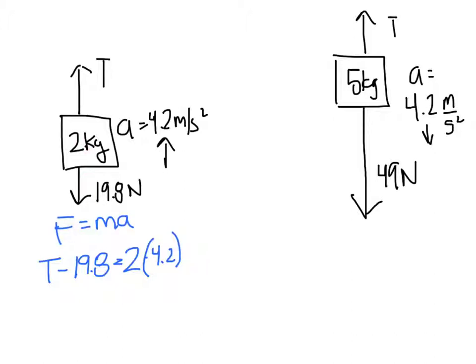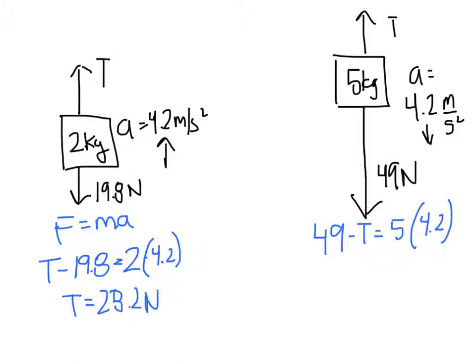And then over here, with the 5 kilogram mass, I know the 49 newtons is greater than tension, so I might write 49 minus tension is mass times acceleration. And so solving for T, here we're going to get tension is 28.2 newtons.